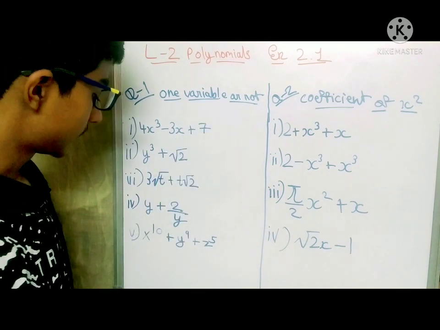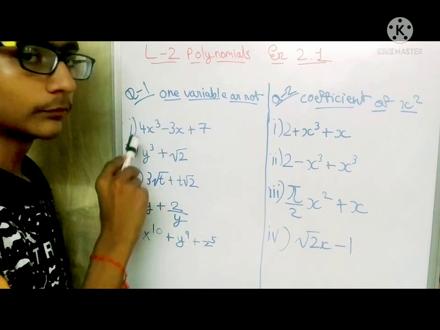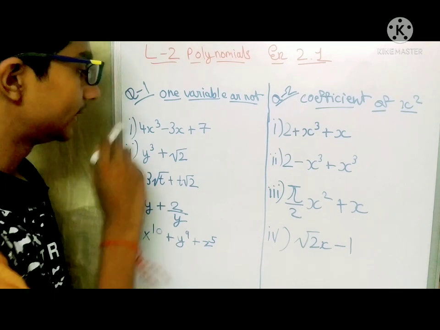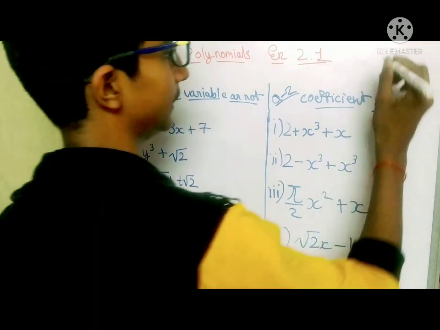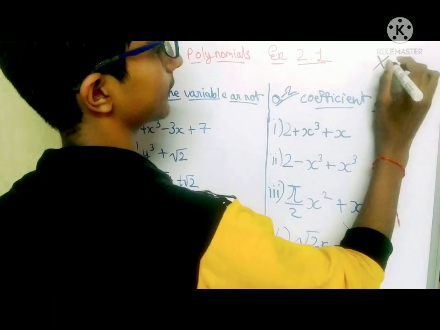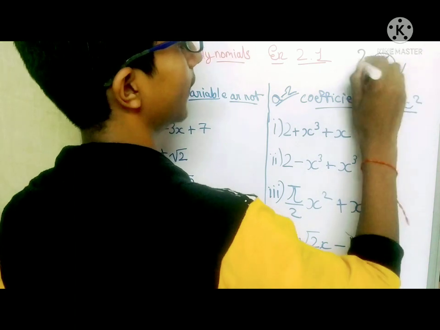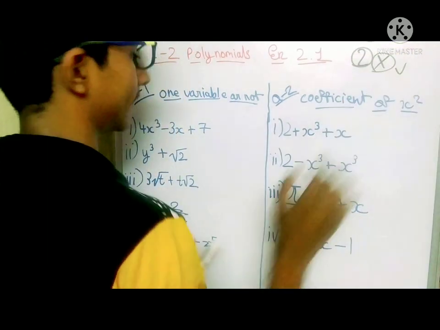In question 1 you have been given 5 polynomials, and you have to say whether they are of one variable or not. So what is a variable? See, this is x and this is 2. So x is the variable and 2 is a constant.